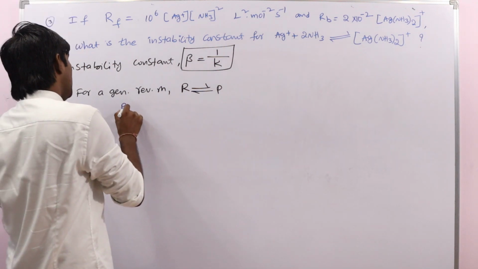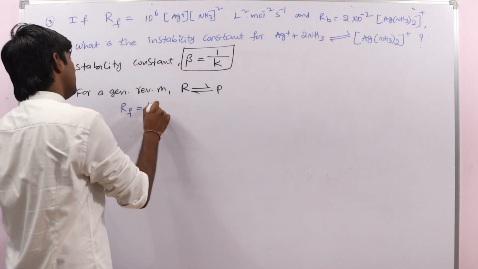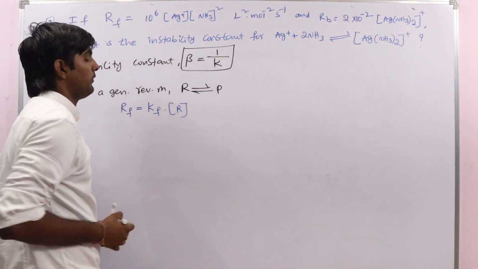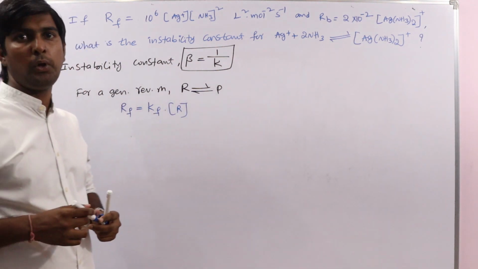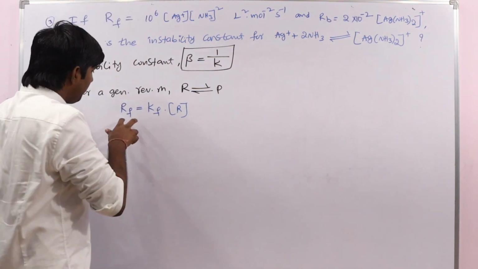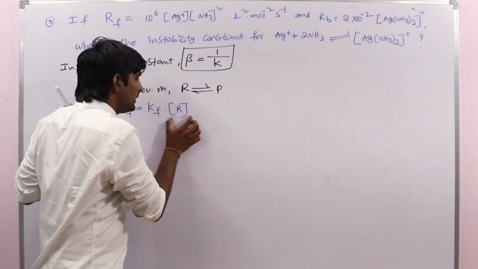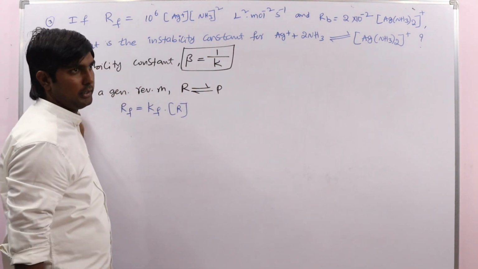So the rate of forward reaction equals the forward reaction rate constant into the concentration of the reactants. For the backward reaction, the rate of backward reaction equals the backward reaction rate constant into the concentration of the products. Rate equals rate constant into concentration of the reactants.